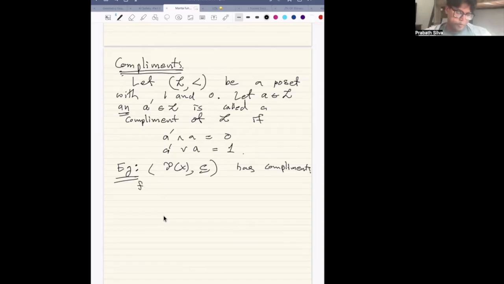So for A a subset of X, then A prime is the set of elements x in X such that x is not in A. And you can verify that these two properties hold.